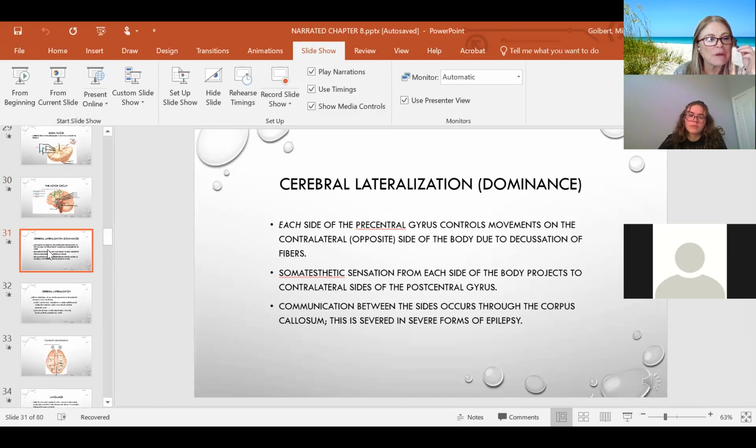Well, cerebral lateralization is important because of what I just told you about the Broca's area, for example, with language, right? So we have some dominance on one side of the brain or the other. But the good thing about having lateralization is that we also have the corpus callosum, which is in the middle of the two.